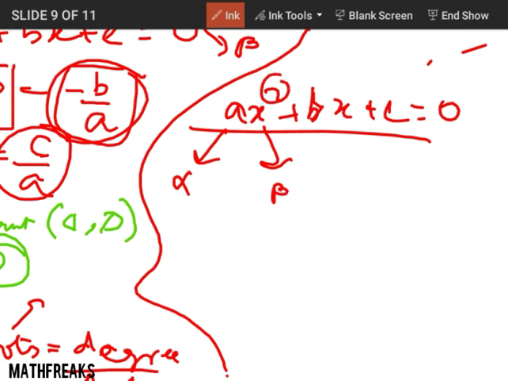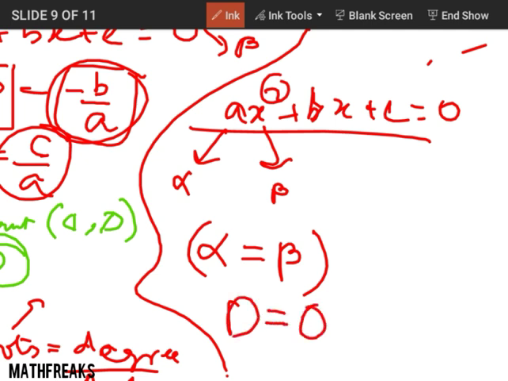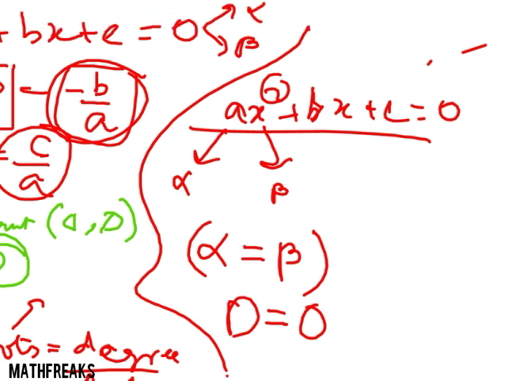Because the degree is two, there are two roots. So if alpha is equal to beta, that is if the roots are equal, then the discriminant is equal to 0. Understood? Then the discriminant is equal to 0. How and why, we are going to discuss in the next lecture.